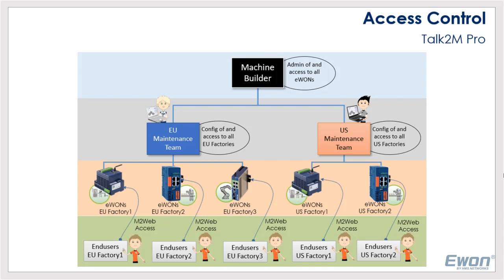We would also like to have the regional maintenance teams manage the access rights for the users in their region. With Talk2M Pro, we can use user groups and E1 pools to easily create complex access control rules so that the right people can have the right access.